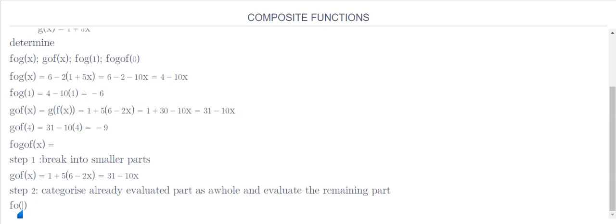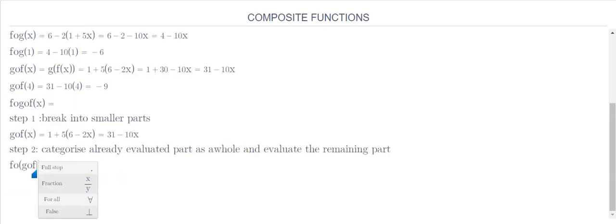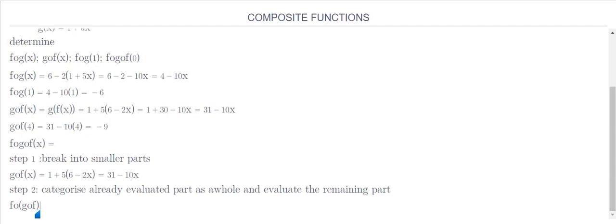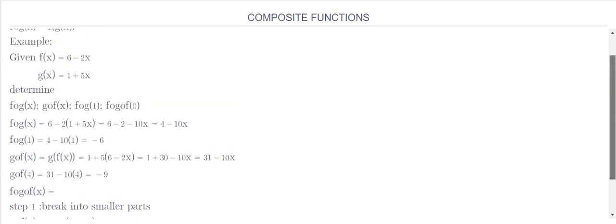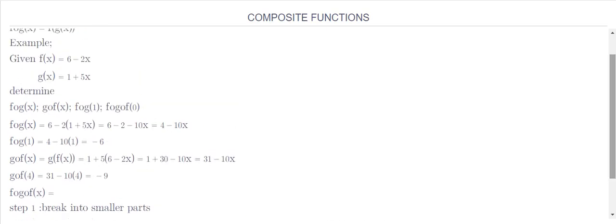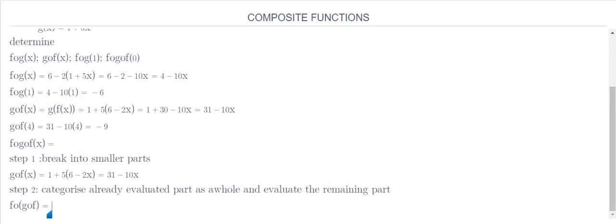So f of g of f as a whole, which we already have. So this is f of what we have up here, f of g of f. G of f is what we have here, so it is f of what we have here. And what is our f? If we check here, let me take you back briefly, our f is 6 minus 2x. So we are going to put here 6 minus 2x.